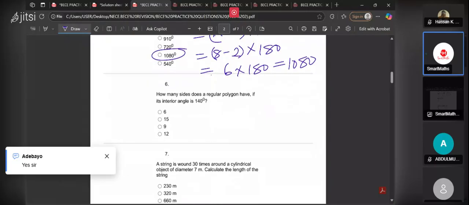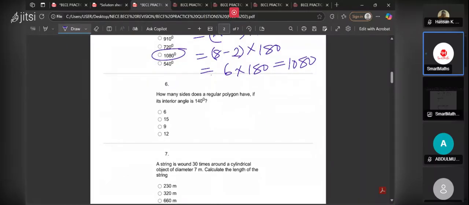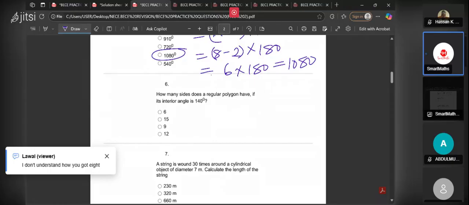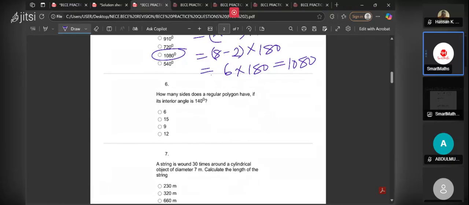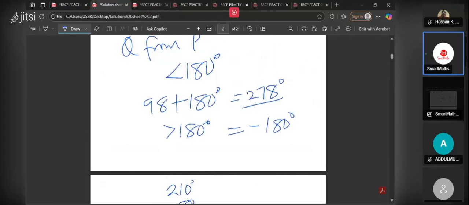All right, number 6. How many sides does a regular polygon have if its interior angle is 140 degrees? Let's start with what a regular polygon is.